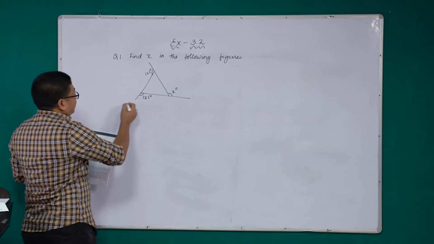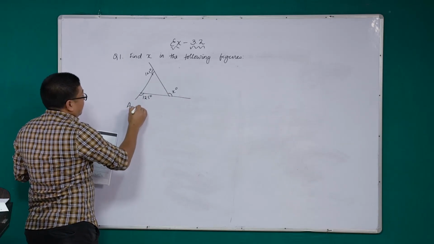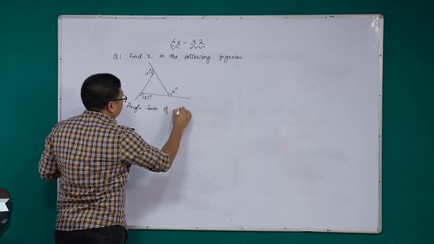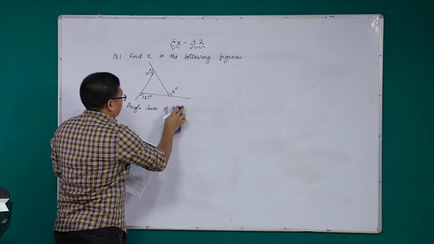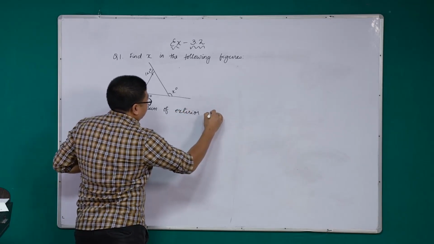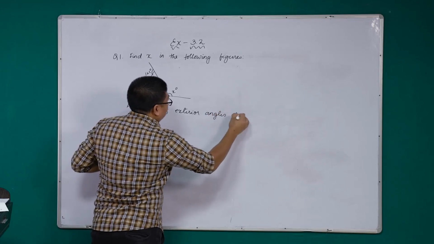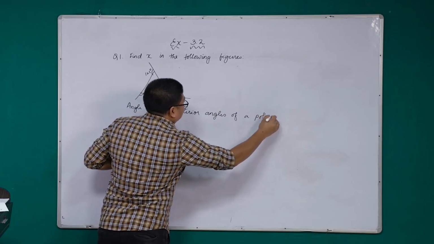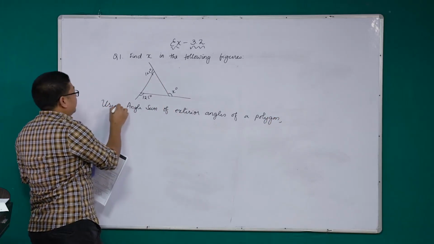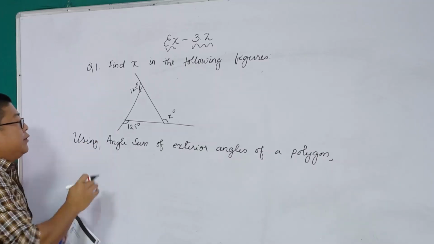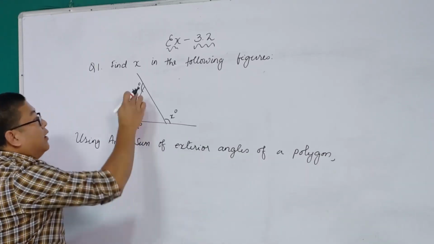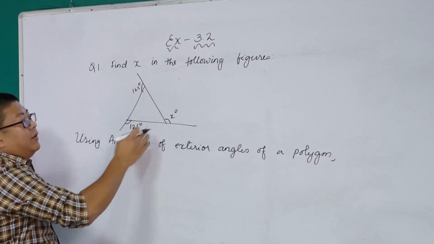So as stated earlier, using the angle sum property of exterior angles of a polygon, we can see that all these angles are on the exterior.